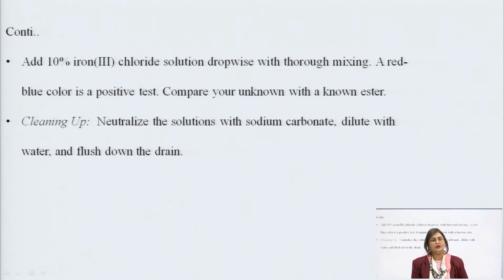A red blue color indicates a positive test. So, if the unknown solution produces a reddish blue coloration, we can say that the test is positive. Then we compare our unknown with the known ester. To clean up, we first neutralize the solution with sodium carbonate, then dilute it with water and it can be flushed down the drain.